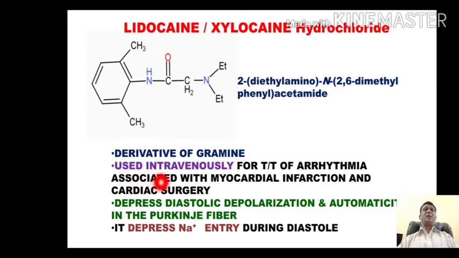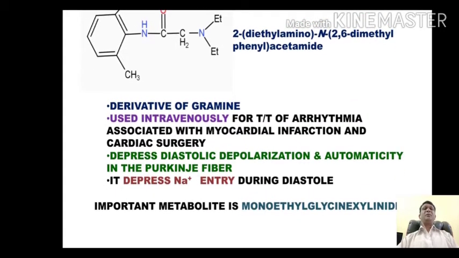Now this drug is used intravenously for treatment of arrhythmia that is associated with myocardial infarction and cardiac surgery. This drug is found to depress the diastolic depolarization and automaticity in the Purkinje fiber. This drug is found to depress the sodium entry during the diastolic process.